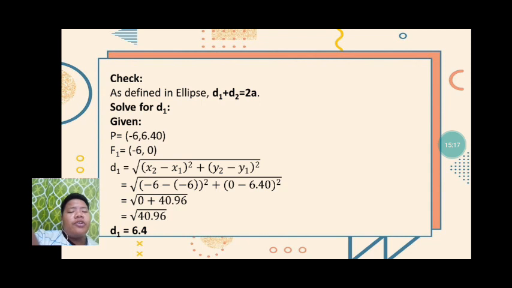The square root of 40.96 is equal to 6.4. Therefore, our distance 1 is 6.4.